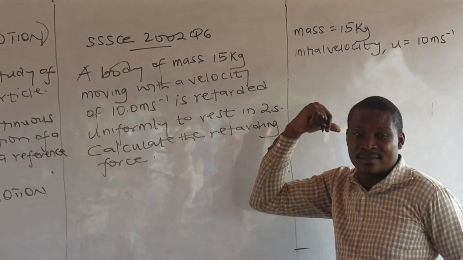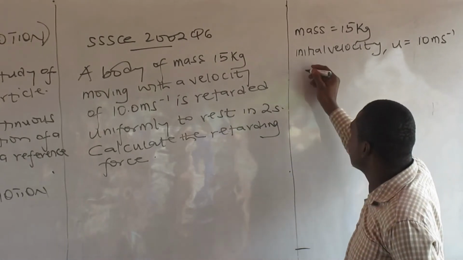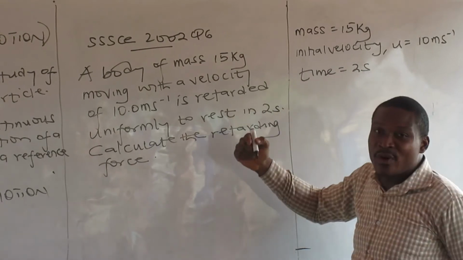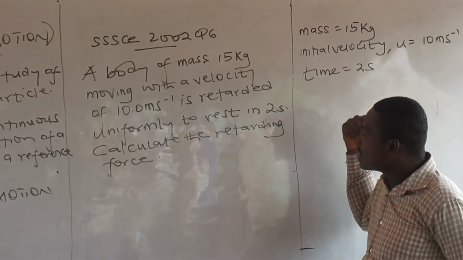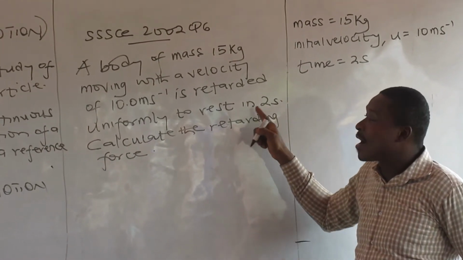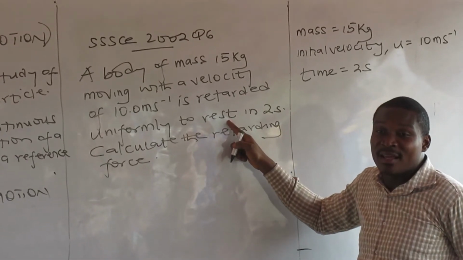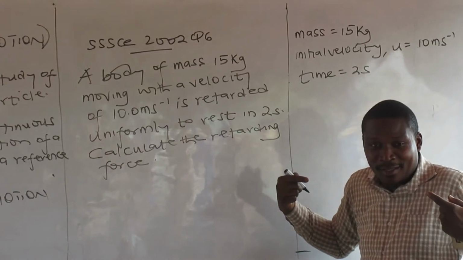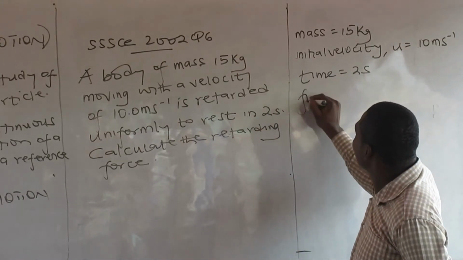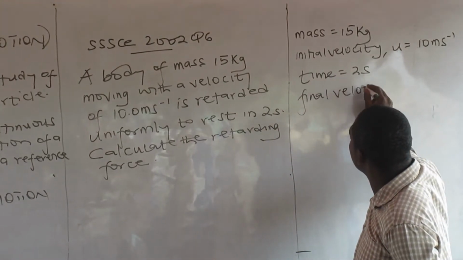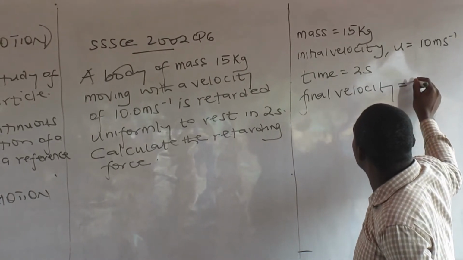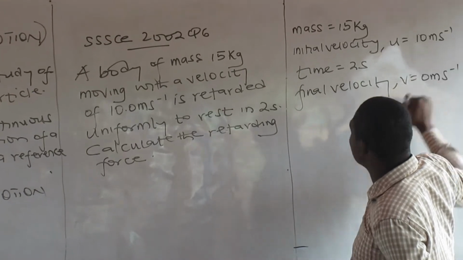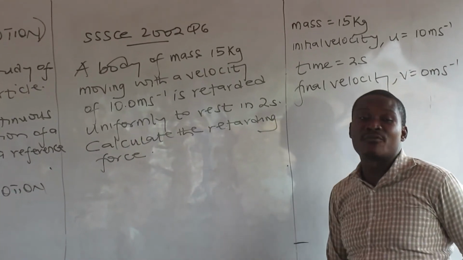The time is 2 seconds. To rest, so our V can be 0. That's the body comes to rest. So the final velocity here, that is V, 0 meter per second. Calculate the retarding force.